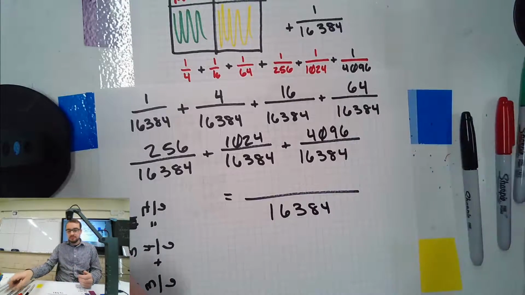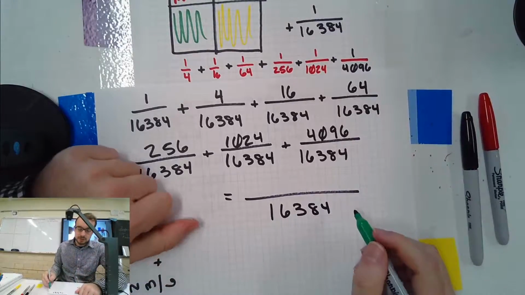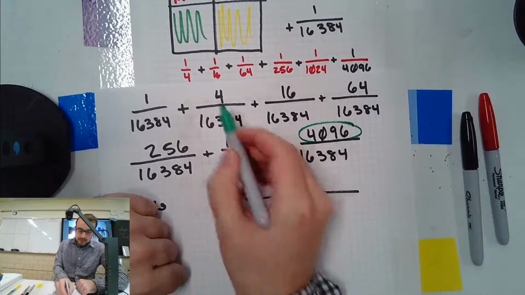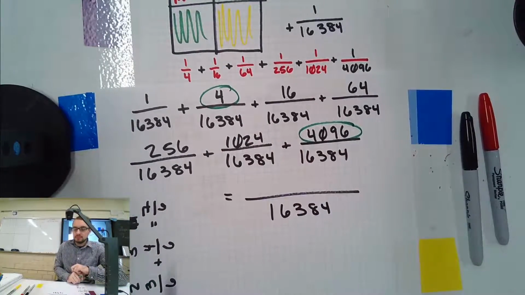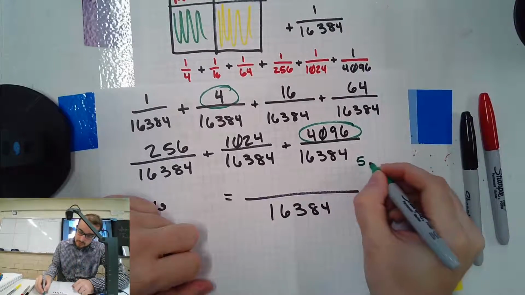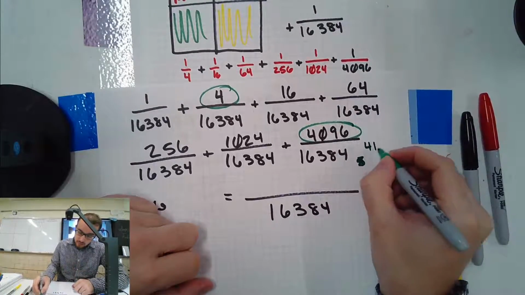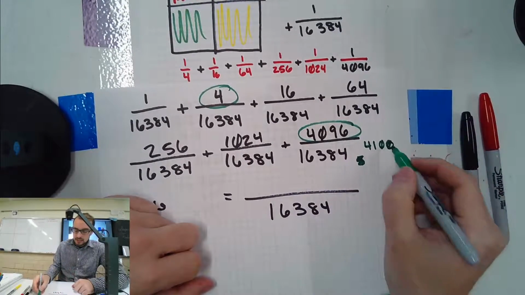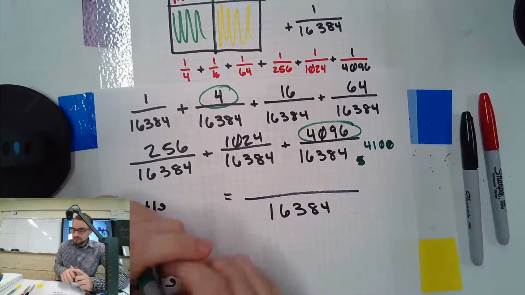Let's add these up. Let's get some easy numbers to put together. How about this one and this one? What do they add up to? Anybody? Oh, whoops. 4100. Right, I add 4 to this. 4100. That's not a 9, it's a 0. Cool.